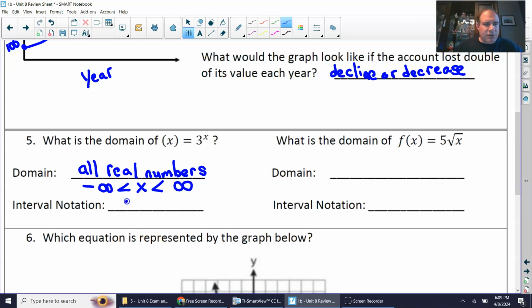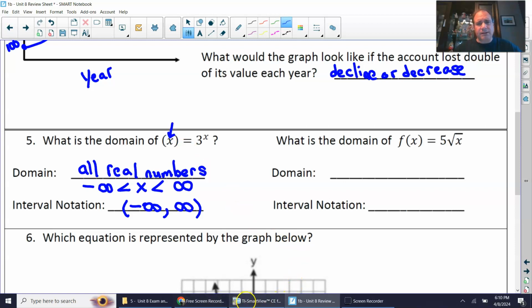Interval notation would be parenthesis because you cannot be equal to infinity, and so the negative infinity would go there, comma, and the positive infinity would go there, end parenthesis. That is the interval notation for the domain of y equals 3 to the x.